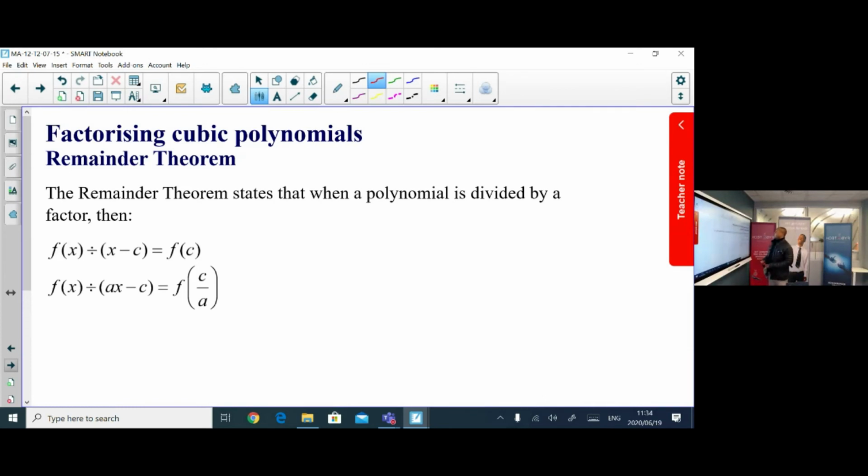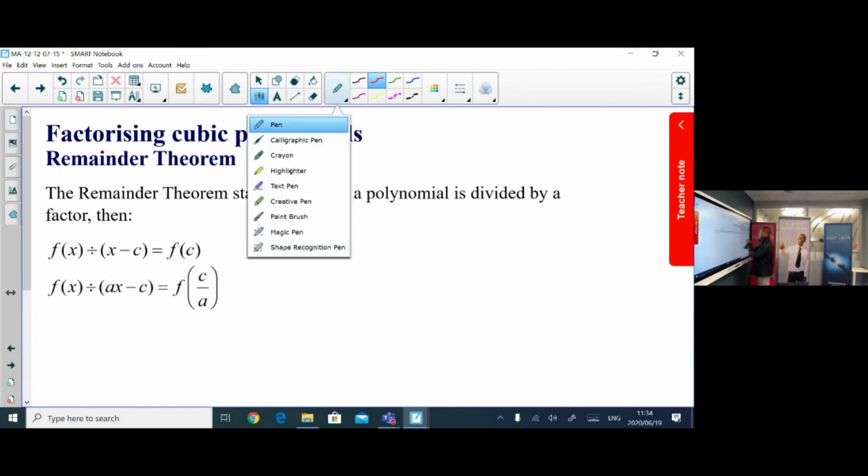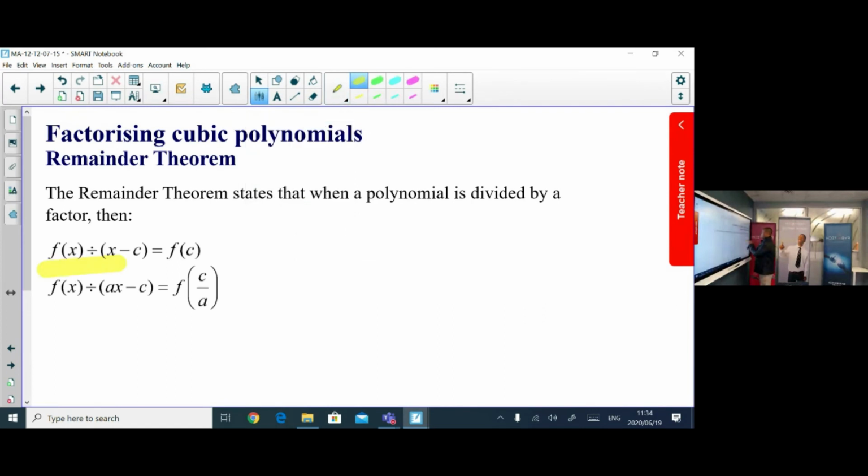The remainder theorem states that when a polynomial f of x is divided by x minus c, the remainder is equal to f of c.